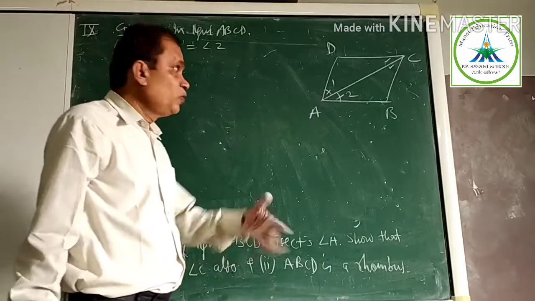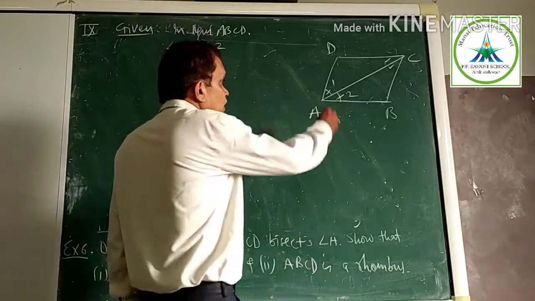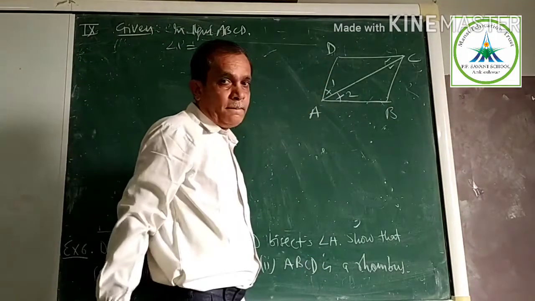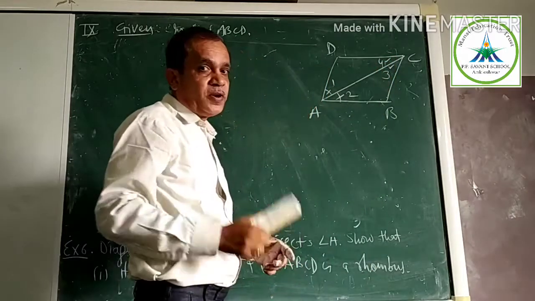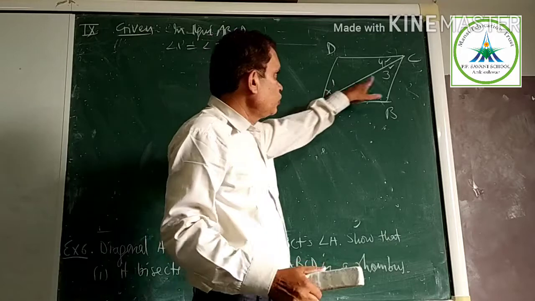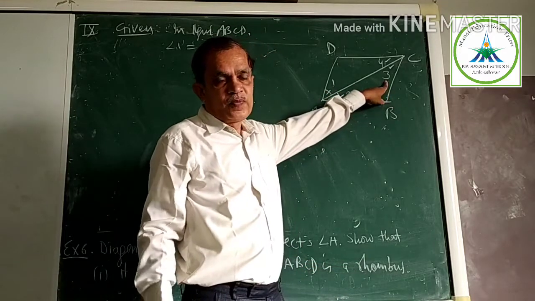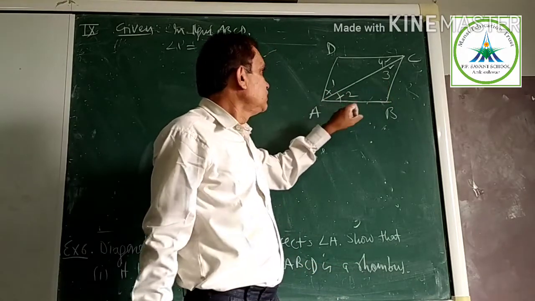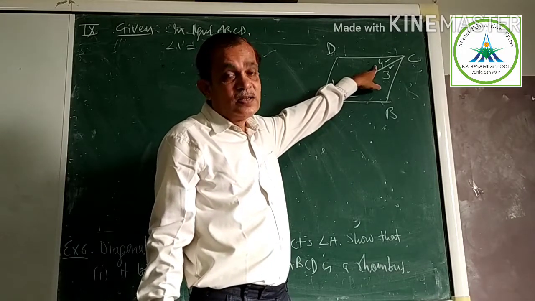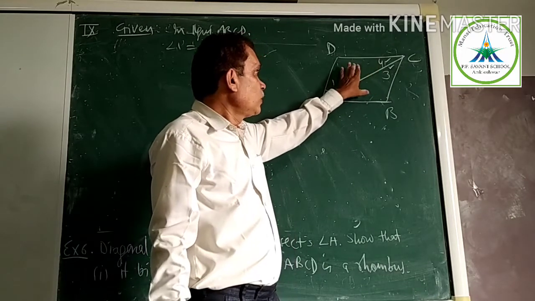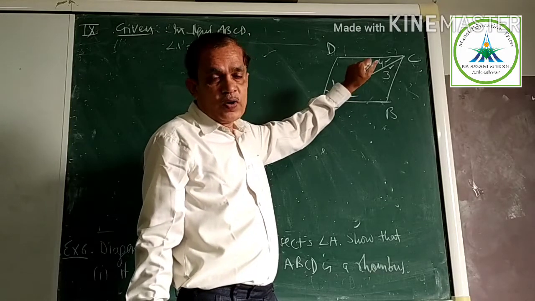Yes, very good. Fine. ABCD is a parallelogram. I am numbering 3, 4. So in parallelogram, 1 equal to 3. Yes or no? Alternate interior angles. 2 equal to 4, alternate interior angles. Right? Therefore, these two triangles are congruent.